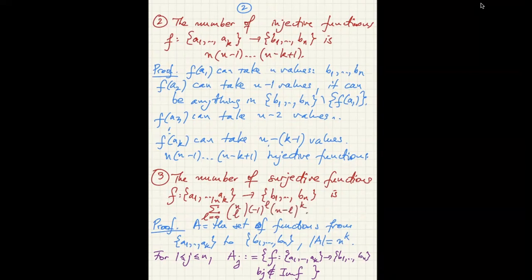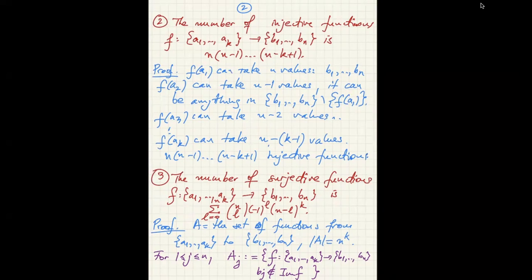Yeah, it's perhaps not as nice as the previous ones. In one sense, you don't get an idea how large this sum is, because it's an alternating sum. So perhaps it's not so obvious where the power is. But nevertheless, it's a useful formula for the number of surjective functions from a set with k elements to a set with n elements.